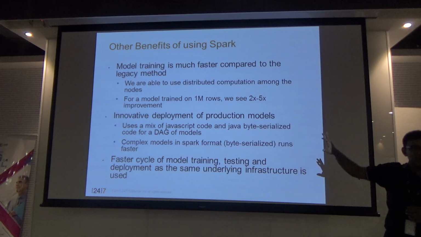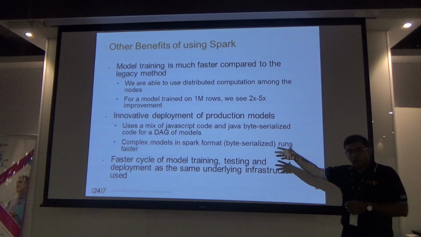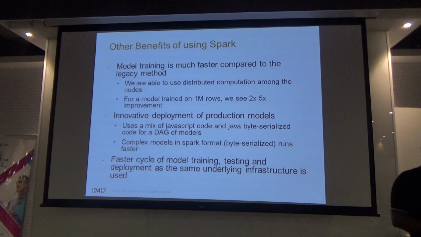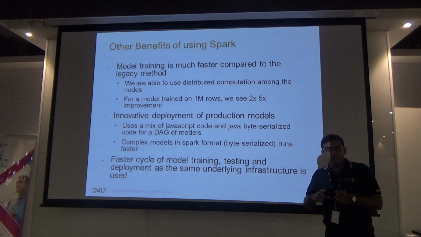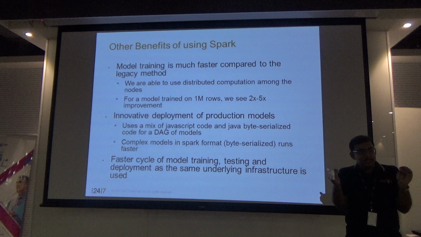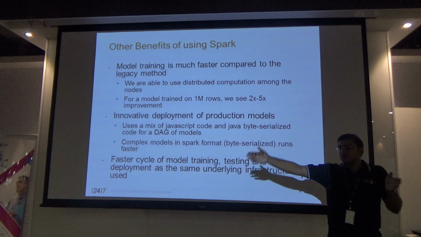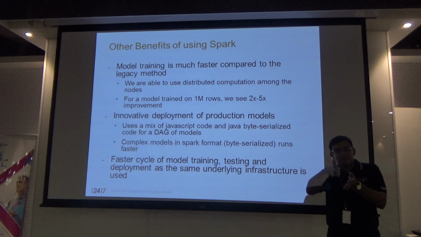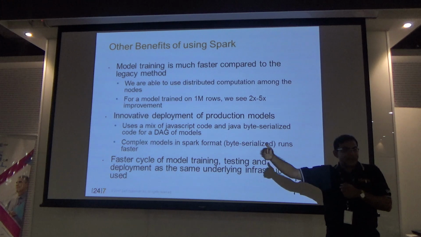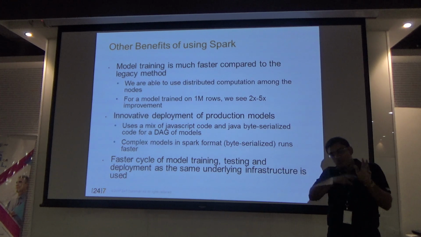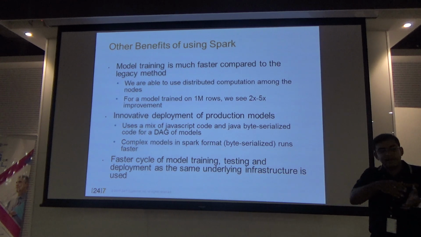Our data sets are typically much larger, but for a data set of, say, a million rows, we see a 2x to 5x improvement, and that obviously helps, because there is a finite pool of people who develop these models for the clients that we serve, right? It's not like every person is associated with one client and we just keep hiring. There is a finite pool of people who work across all these accounts to customize these models, and then there is R&D and things like that.